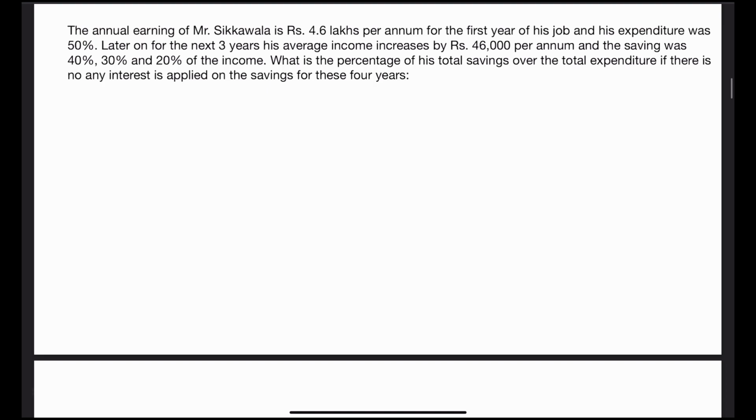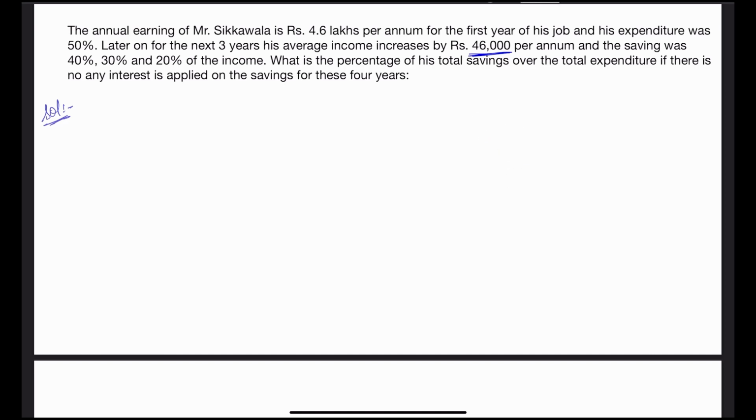Okay, let's solve this question. Receiving 4.6 lakh per annum for the first year. Expenditure was 50%. Later on, over the 3 years, average income increased by 46,000. The main thing which I also made a mistake on once while reading, that I imagined it as a 10% increase every single year on the previous year, but it is not.